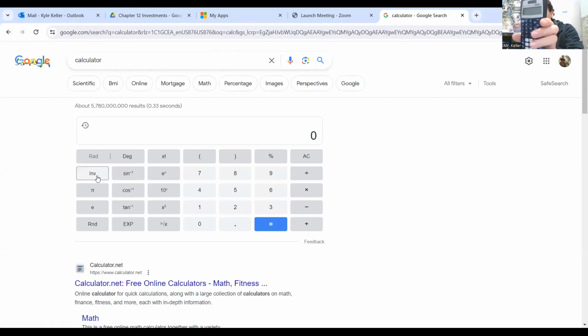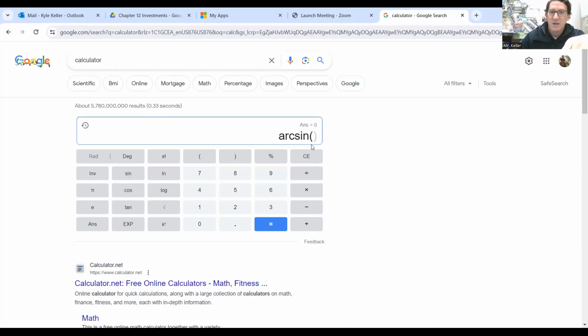If you have a normal calculator like this, you push the second button and then sine, cosine, or tangent. So you're going to do inverse sine. It comes up as arc sine here, it's the same thing. Arc sine and inverse sine are the same thing. 0.45, just like that, and you get 26.74.